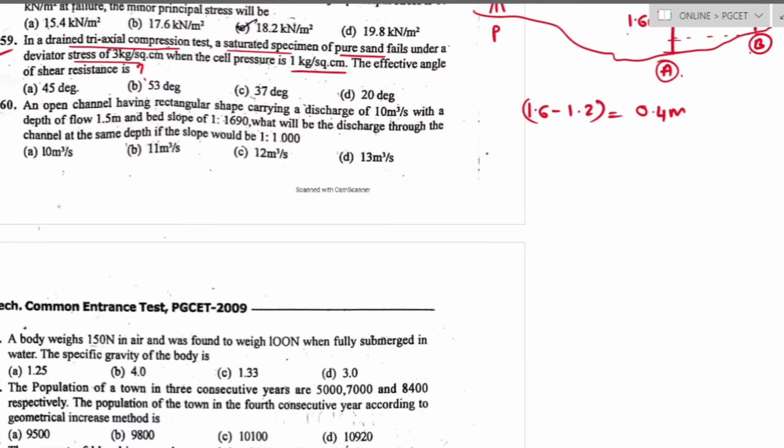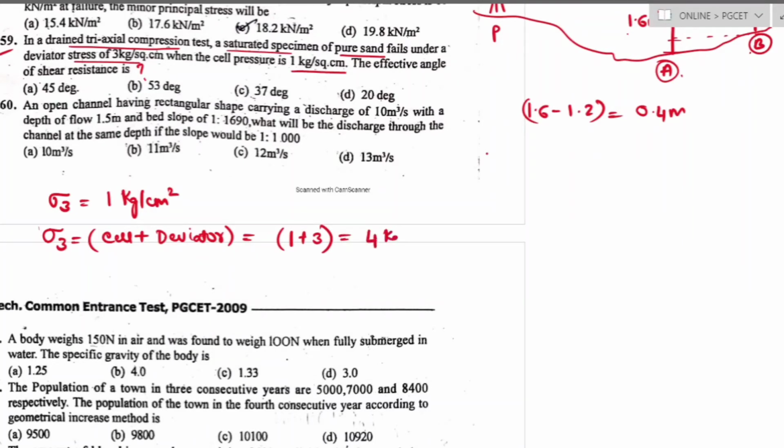For a drained triaxial compression test, the minor principal stress is given by cell pressure, that is 1 kg per centimeter square, and major principal stress is equal to cell pressure plus deviator stress. So cell pressure is 1 kg per centimeter square and deviator stress is 3 kg per centimeter square. So the major principal stress will be 4 kg per centimeter square.